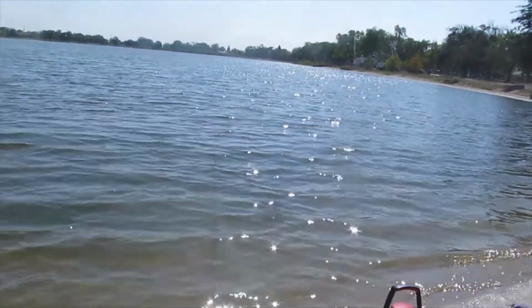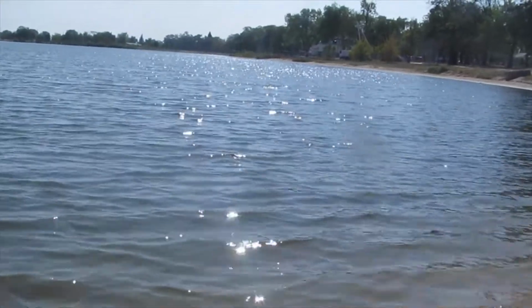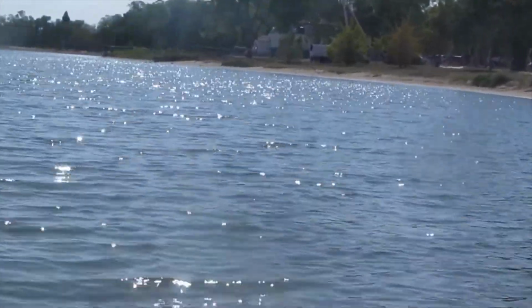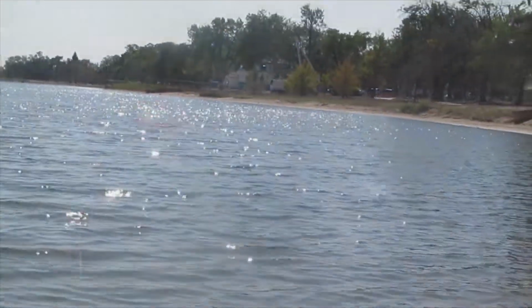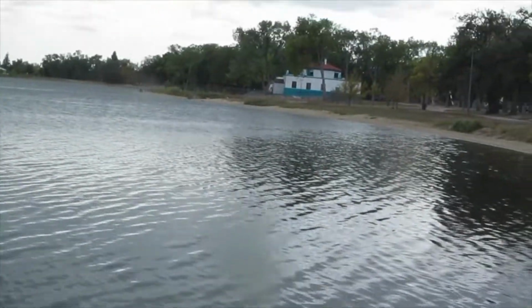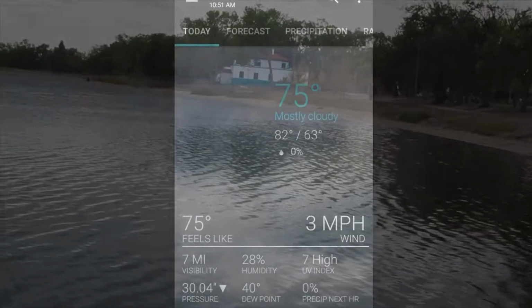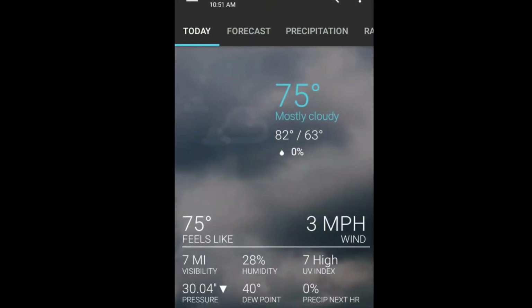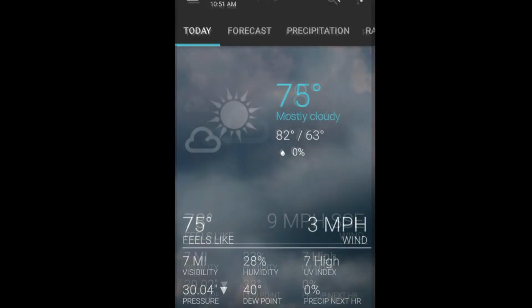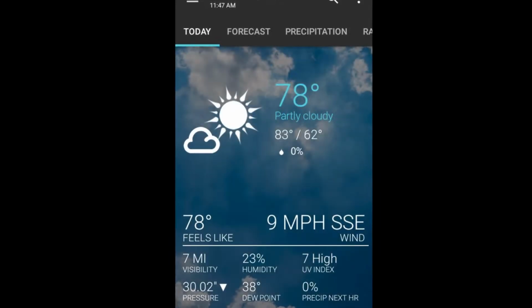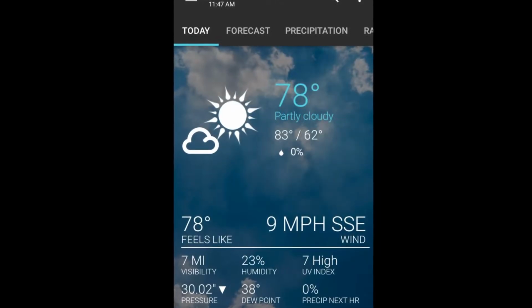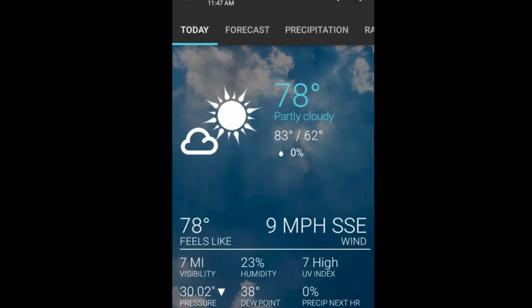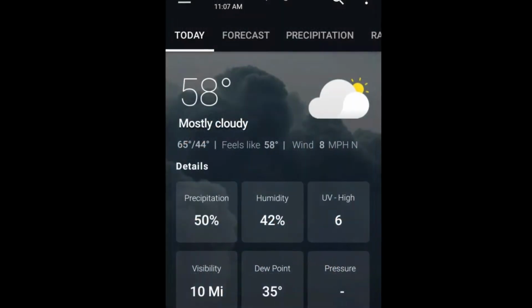Day 1, which we're comparing with day 2. Here are the temperatures from the time we were at the water the first day, and the second day.